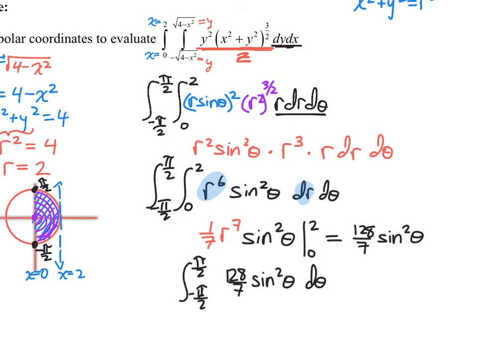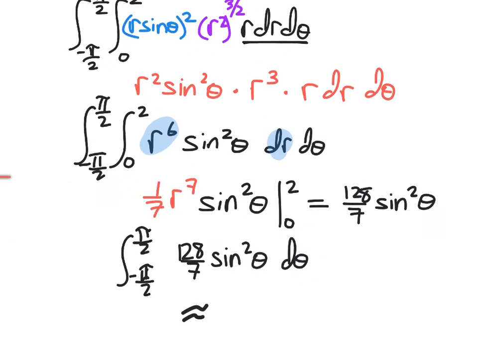So I'm going to type it in and then change my mode. So you get about 28.7. All right, this is a measure of volume, so units cubed.